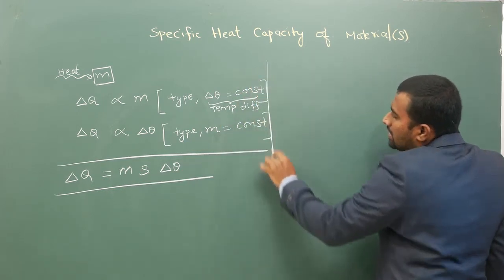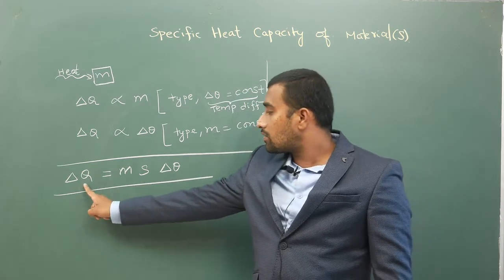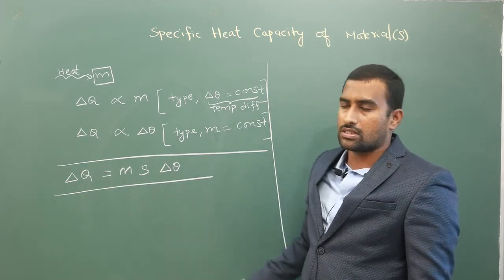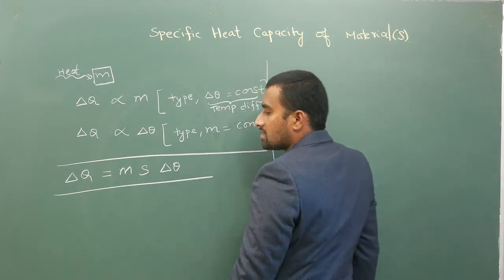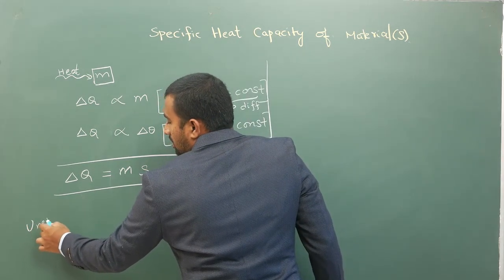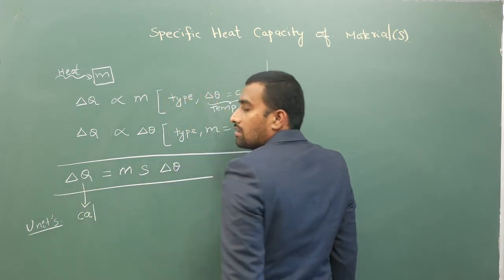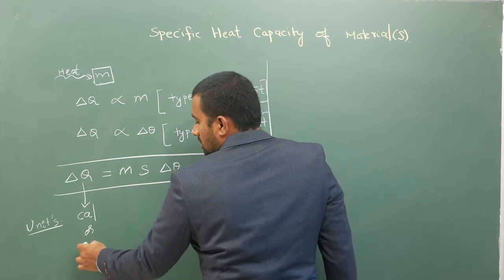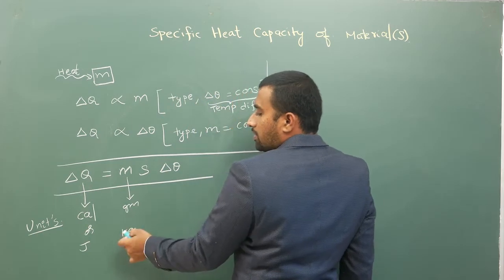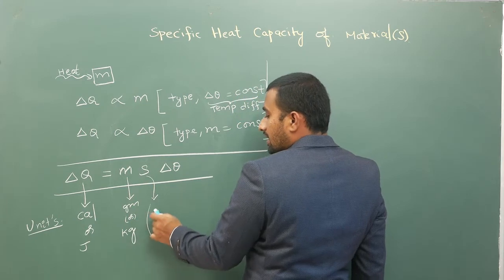This is your heat energy definition. Delta Q is heat, m is mass, S is specific heat, and delta theta is the temperature difference. Now the units for each term: delta Q is calorie or joules, mass will be grams or kg depending upon CGS or SI unit, and specific heat, which we will derive now.